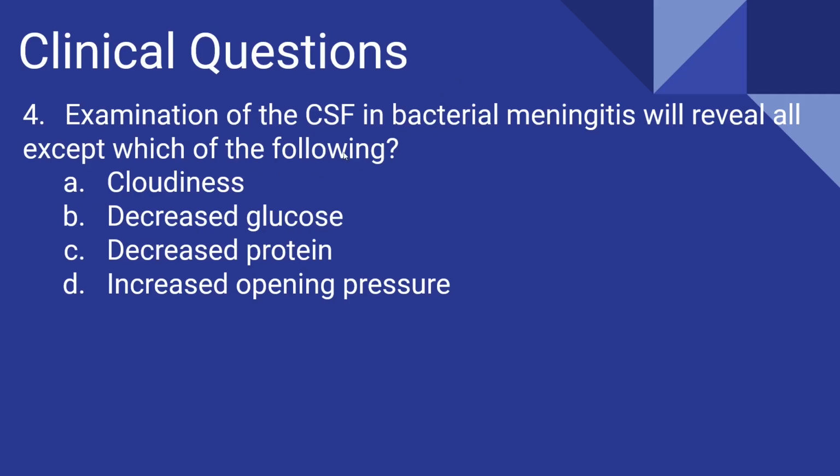Cloudiness, you know that bacteria is a larger structure than a virus, and when broken down has a lot of contents that's released from within the bacteria, so cloudiness would make sense. D, you know that a lot of bacteria, because again it's a larger structure, would cause more pressure on the cerebrospinal fluid, and so that would hint at you to pick C.